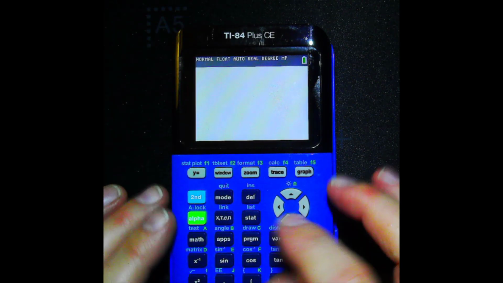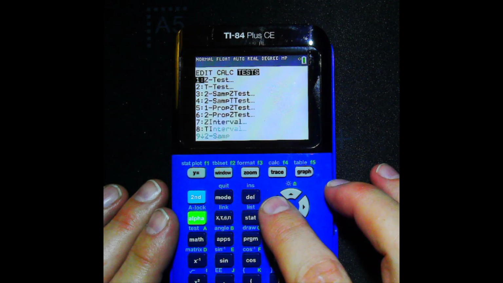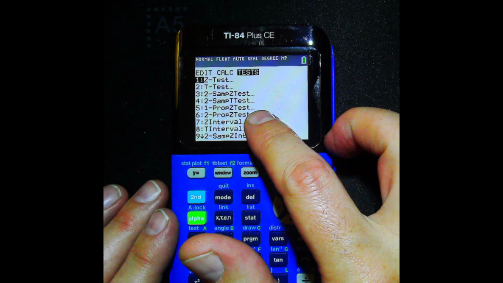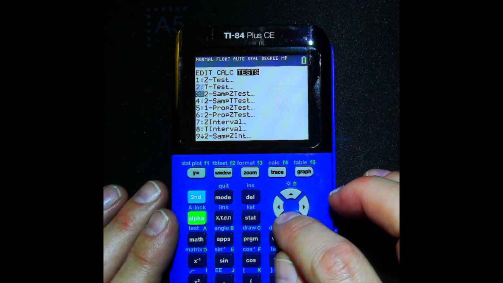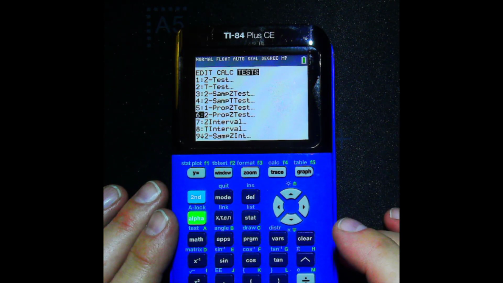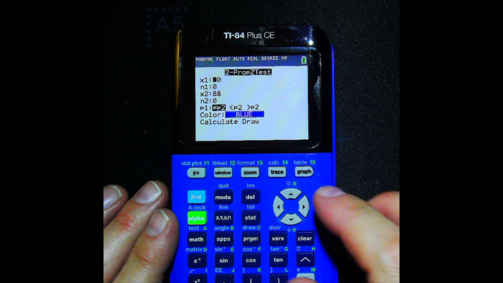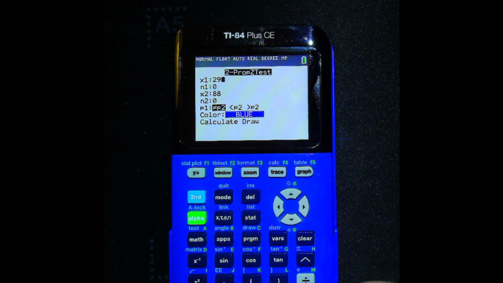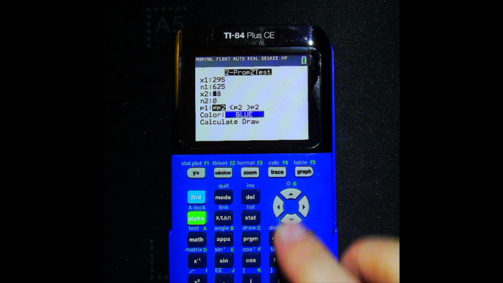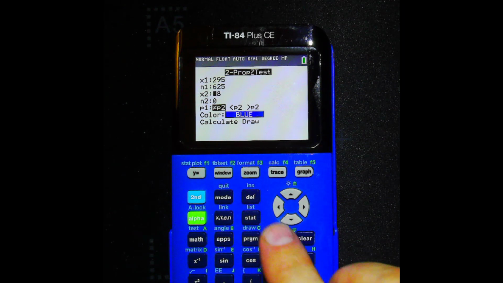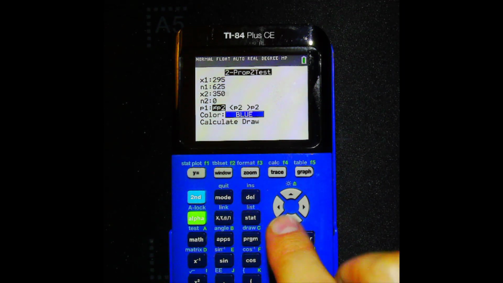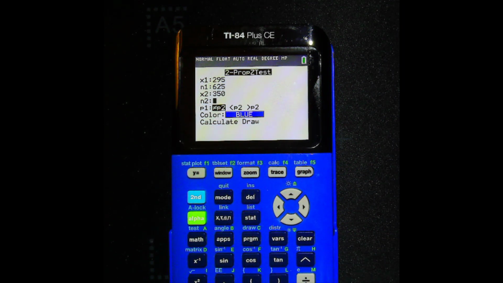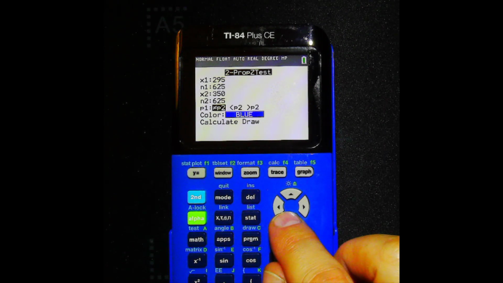We'll go to Stat, Tests, and we need the two proportion z-test right here. The x1 is 295, n1 625. The x2 is 350 into 625.